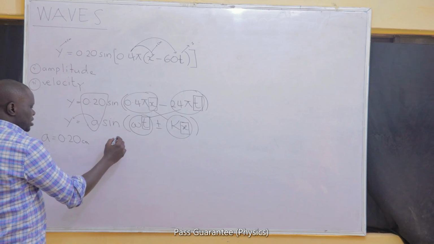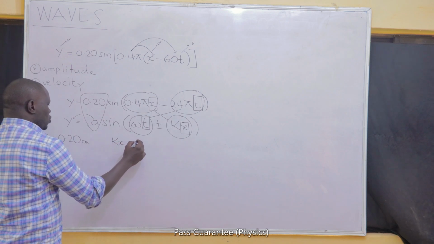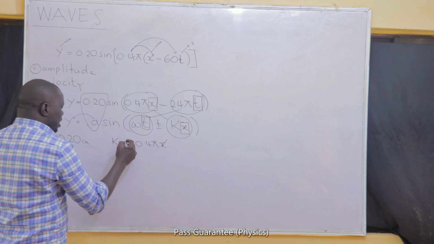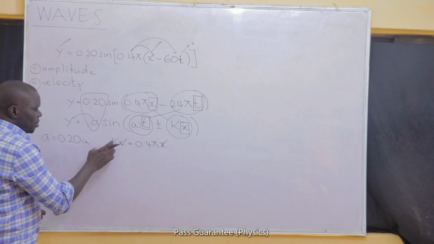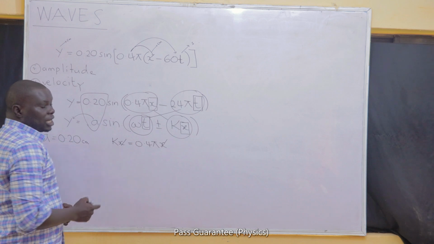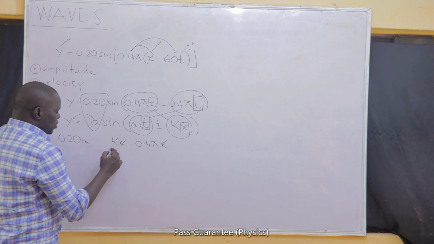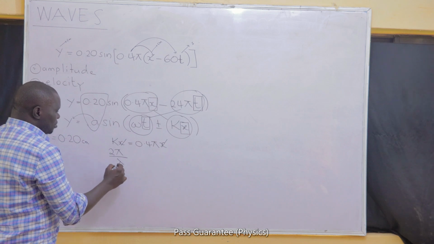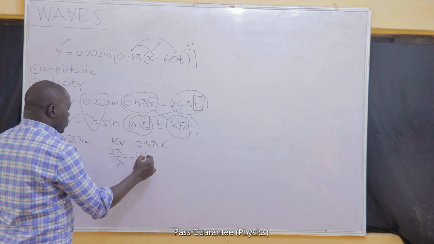I'll have kx is equal to 0.4 pi x. Of course, x can cancel out x. And remember that I said that your k means the wave number. The wave number can be expressed as 2 pi over lambda is equal to 0.4 pi.